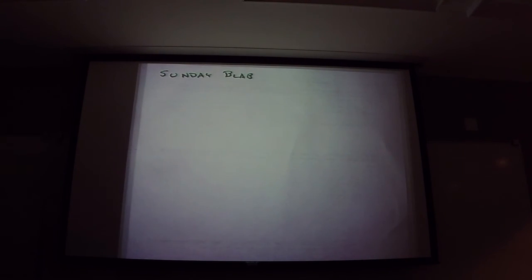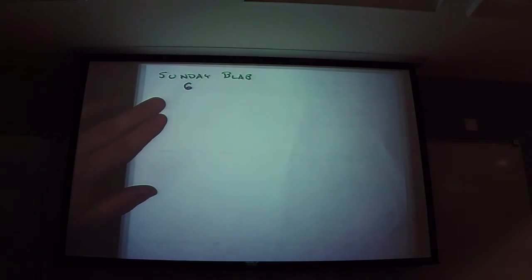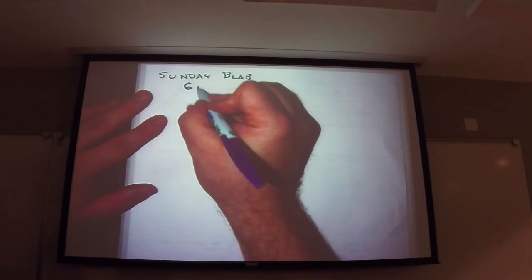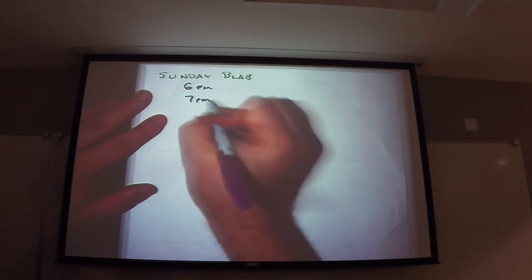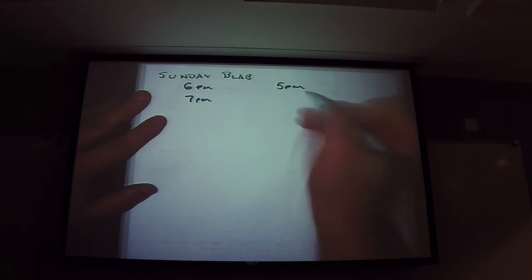So anyway, I just wanted to know what time in the evening you guys want to do it. Can't do it too late because I got a kid who has to go to bed. It's not mandatory though, is it? No, it's not mandatory. So we can't do it at midnight? No, can't do it at midnight. So in other words, I want to schedule this now so that if I send out an email and you don't get it for 2 hours, you still know it's there. So I could do it 6, 7, or 5. I could go earlier. I can't go later because I do it for 2 hours.